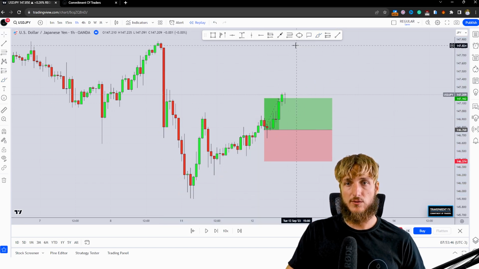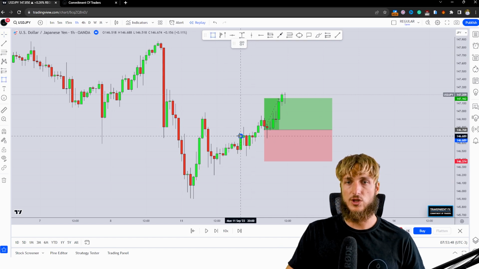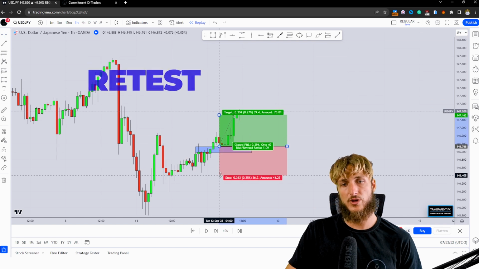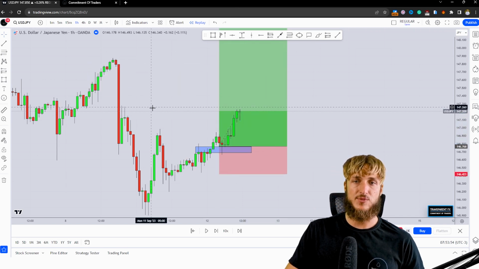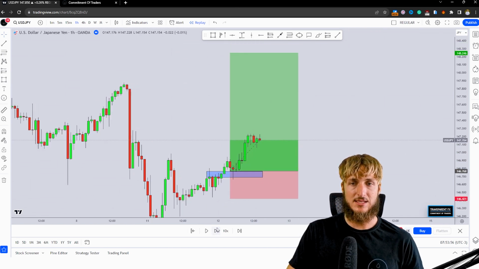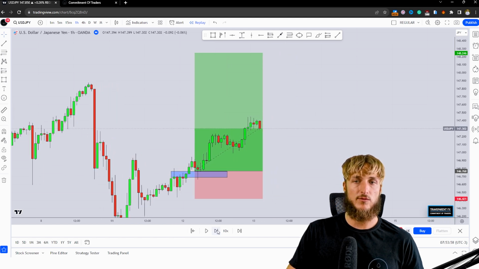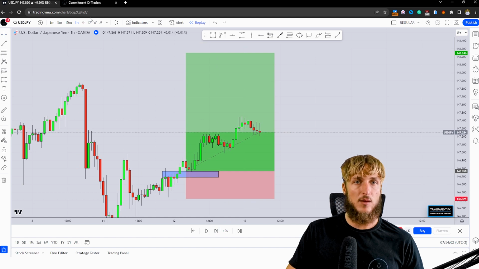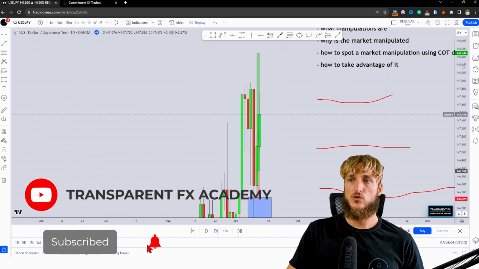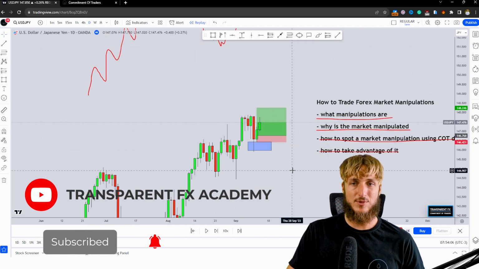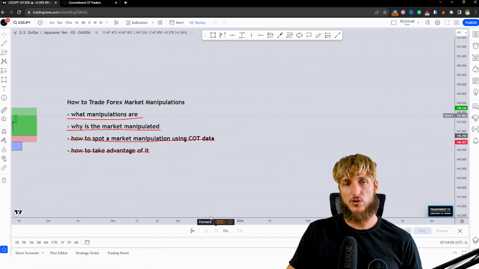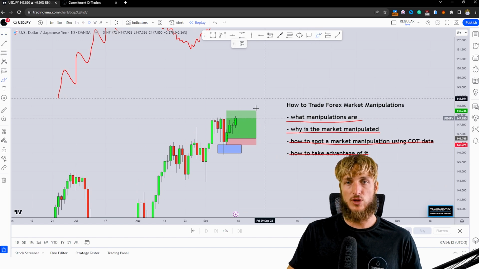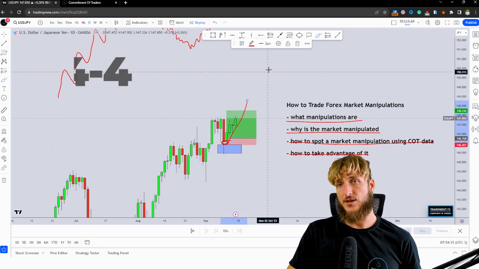So we could be looking, for example, just to do a generic example, at a retest of a previous 1 hour resistance turned support for a move to the upside away from the area. And what we can see, in fact, is that if you were looking for such an execution method, you would be essentially able in a situation like this to potentially capitalize and look to take advantage of the move to the upside away from the manipulation area with a high risk reward.